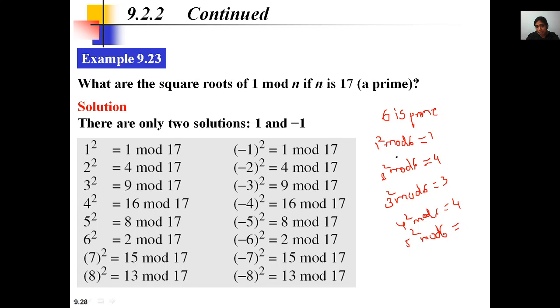So when you write over here, you get plus or minus 1 values. If you take the minus 1 values also, you get 1 mod 6. So only two values are obtained, so 6 should be a prime number.